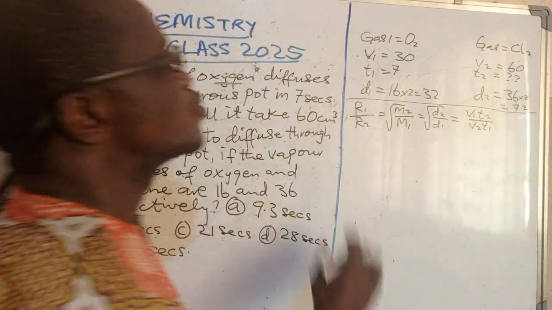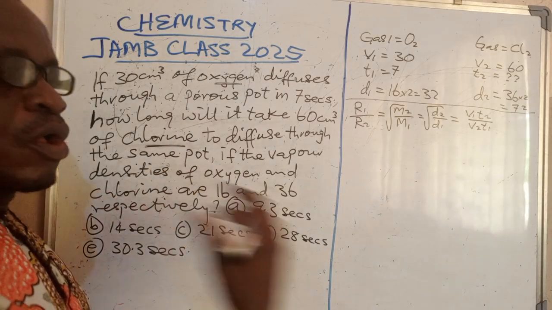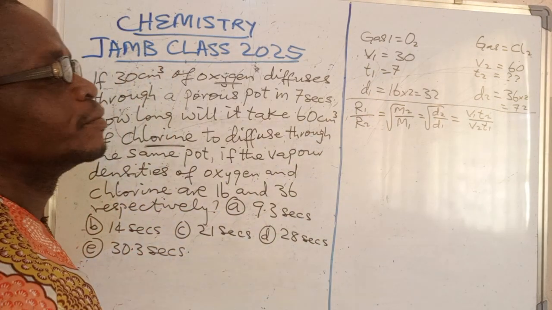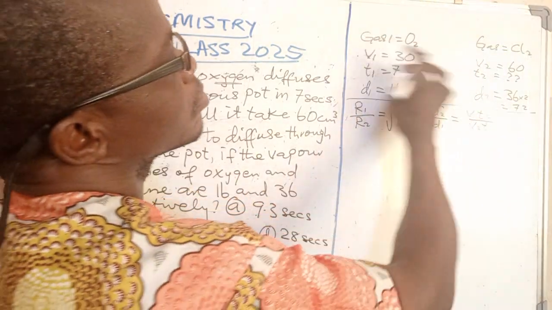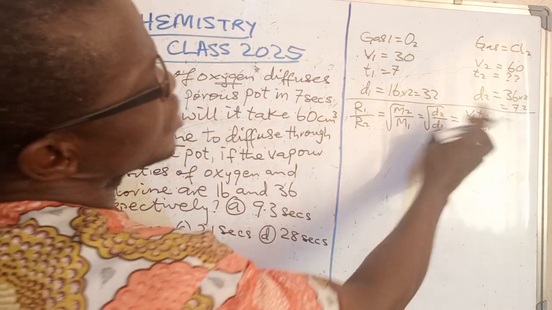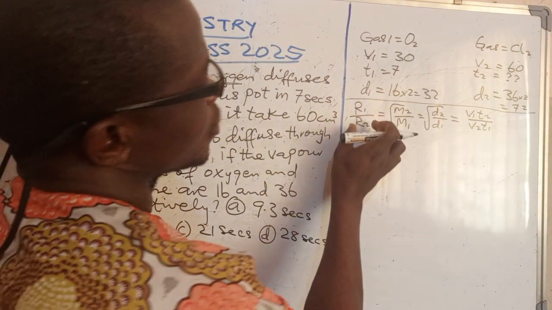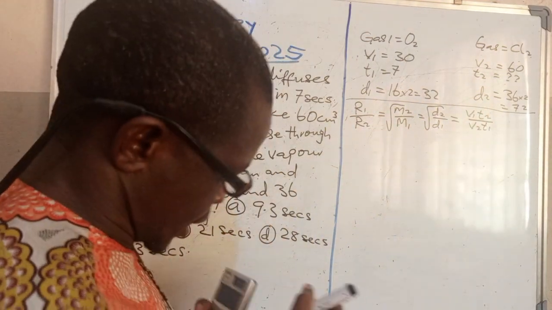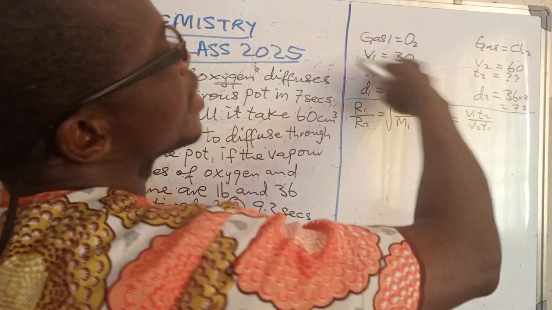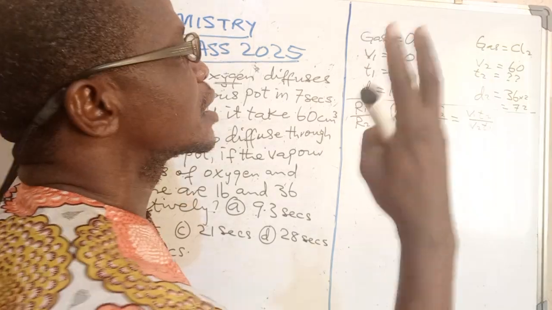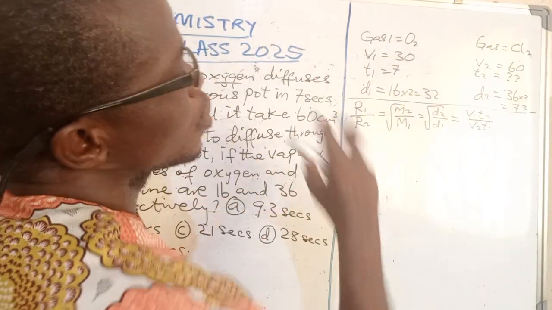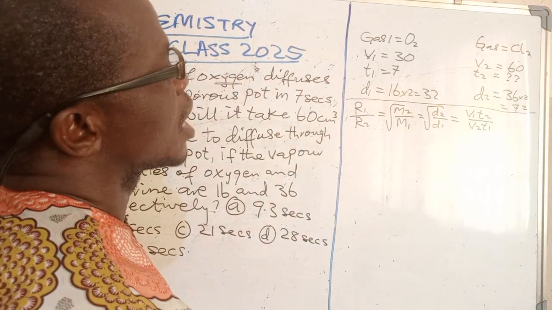For you to do well in Graham's law, be sure you memorize this formula. Having known all the parameters from the question, I check which of these four sets appear here. You will have two sets that are in this place, and those are the two sets you will use in your calculation.